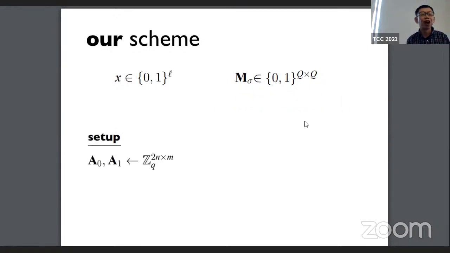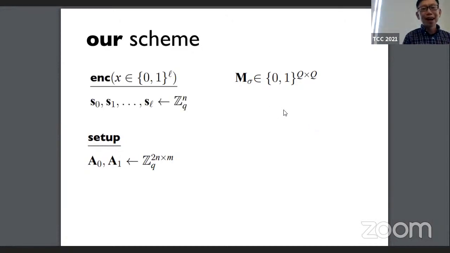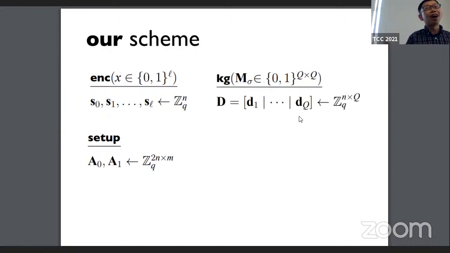Our setup algorithm is going to generate a pair of LWE matrices, A0 and A1. They're double the height of what you would expect an LWE matrix to be, so they are 2n by n. When you encrypt, you're going to pick many LWE secrets, one LWE secret for every bit of the input X. Key generation will pick Q vectors, one vector for every state in the DFA.